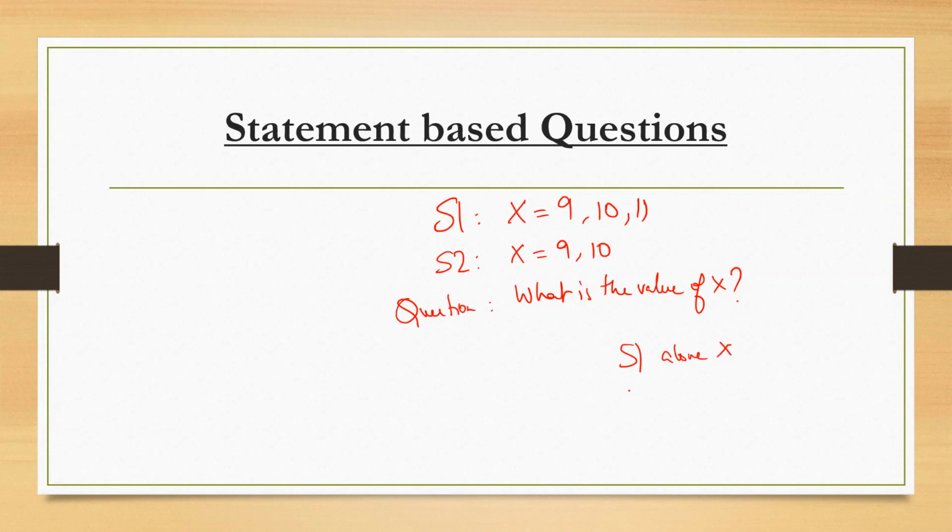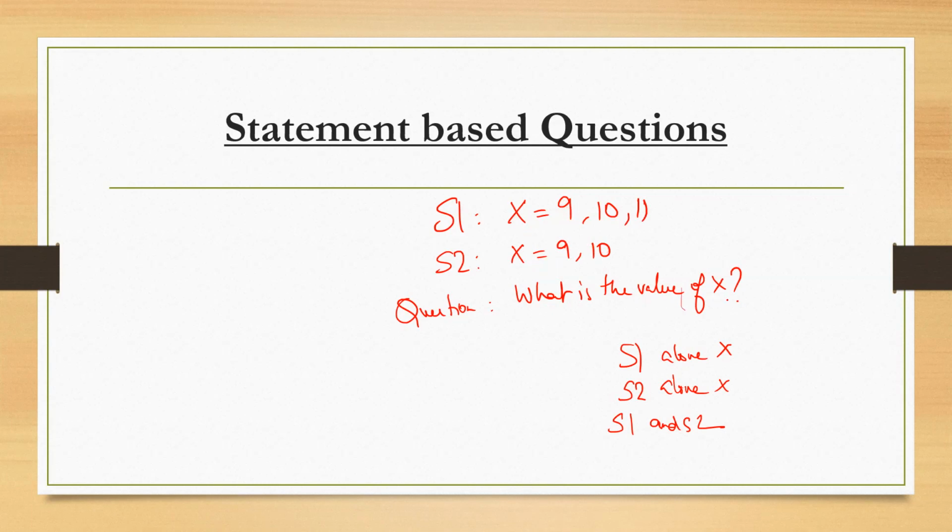Okay. Now I come to statement 2. Statement 2 gives me what? That is x is equal to 9 and 10. Again, two values of x I am getting. Okay, so S2 alone again will not give me my answer because it is not distinct. Okay, now S1 and S2, if I combine, what will happen? Again, if I combine both of them, the common values of x I am getting are 9 and 10.